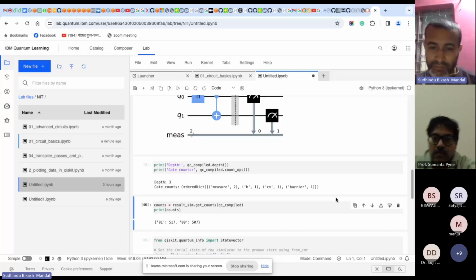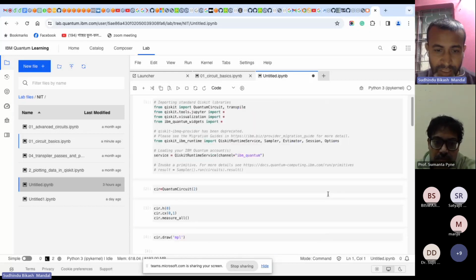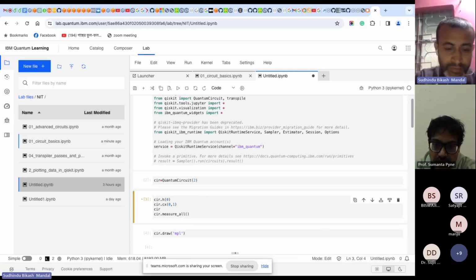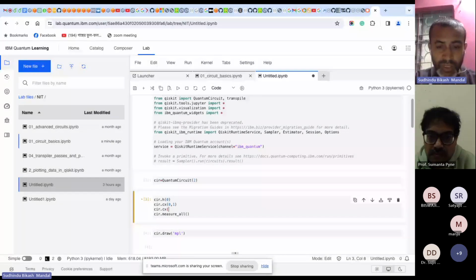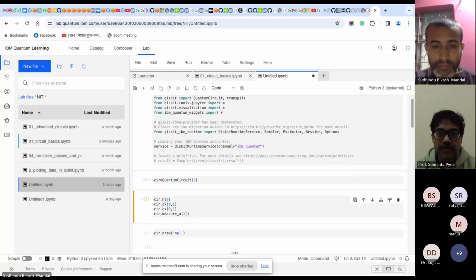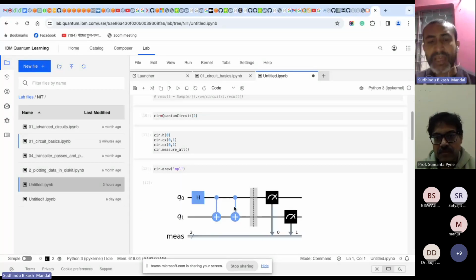And again if we do outcomes like that. Now I want to change this circuit. I'm putting another CX 0, 1. And draw. I'm putting 2 CX gates, and see, the CNOT gate is a self-inverse gate. So if I apply 2 CNOT gates consecutively, that means it's an identity.